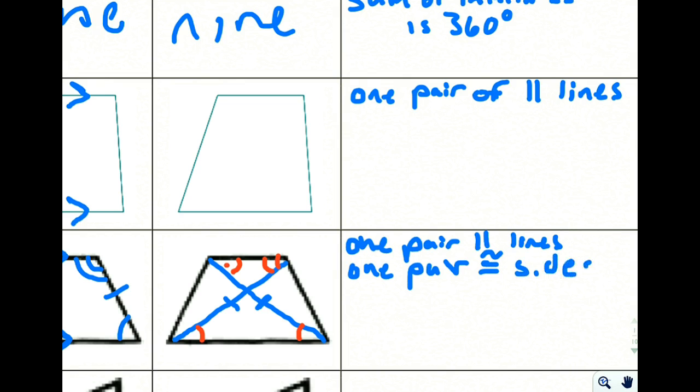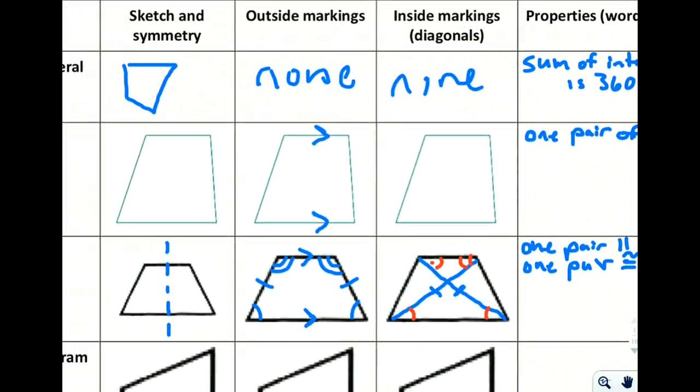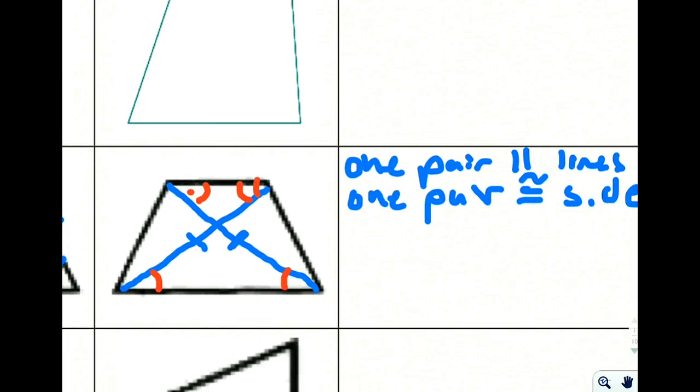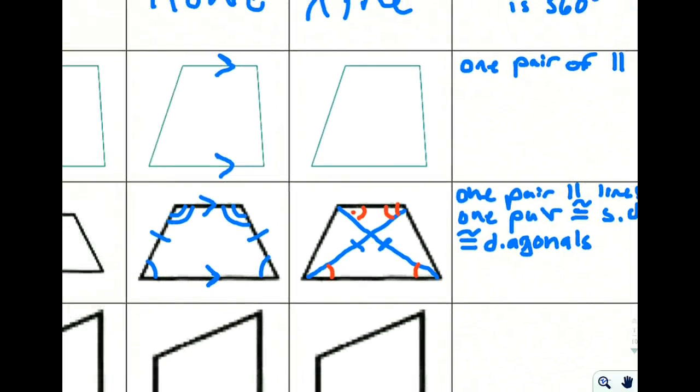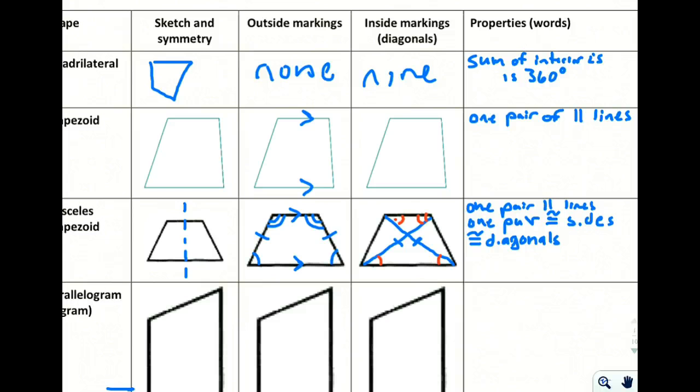So one pair of congruent sides. And we also have equal length diagonals. So congruent diagonals. Some of those angles that come with it, you could also write that. That is kind of implied based on the information we have, but you could write that as well.